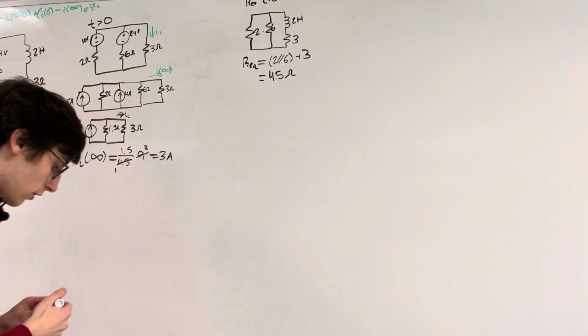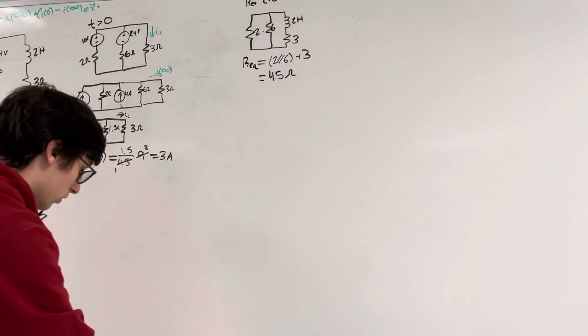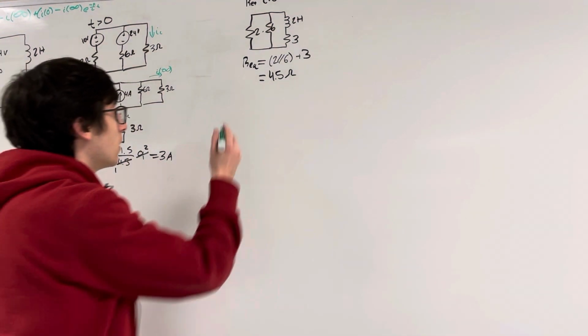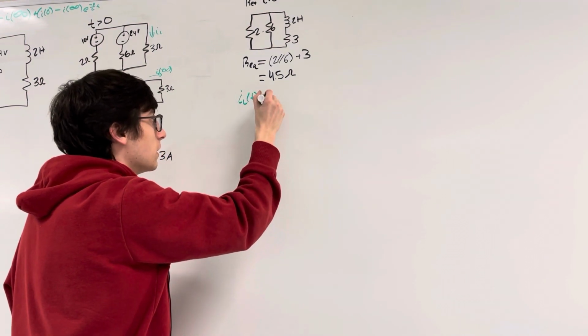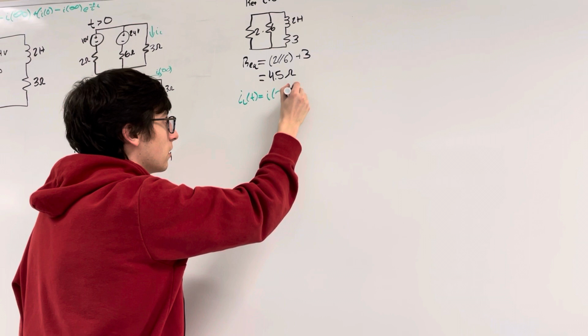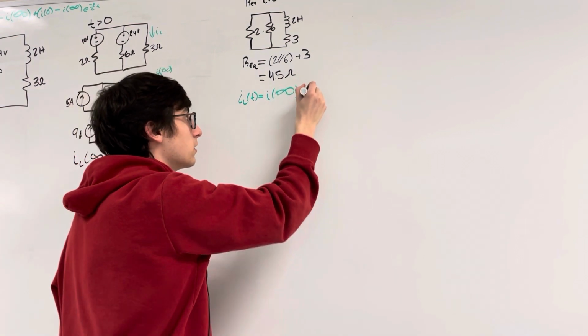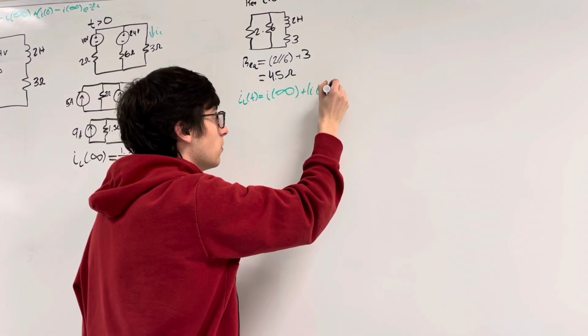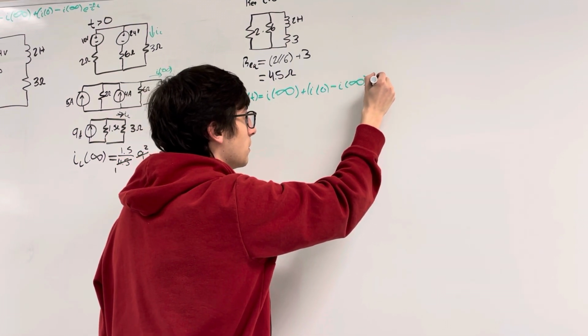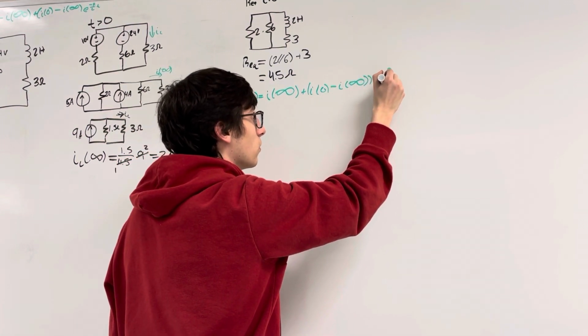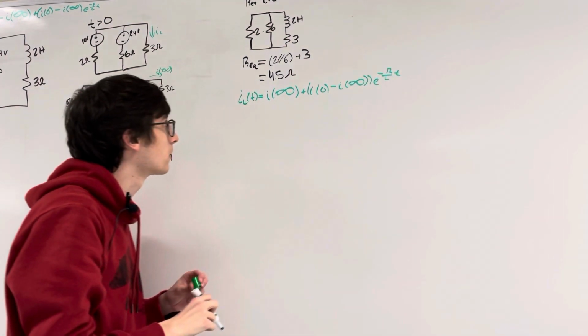So with that, we can compute our final equation, which is going to be IL of t is going to be I of infinity plus I0 minus I of infinity times e to the negative R over L t.